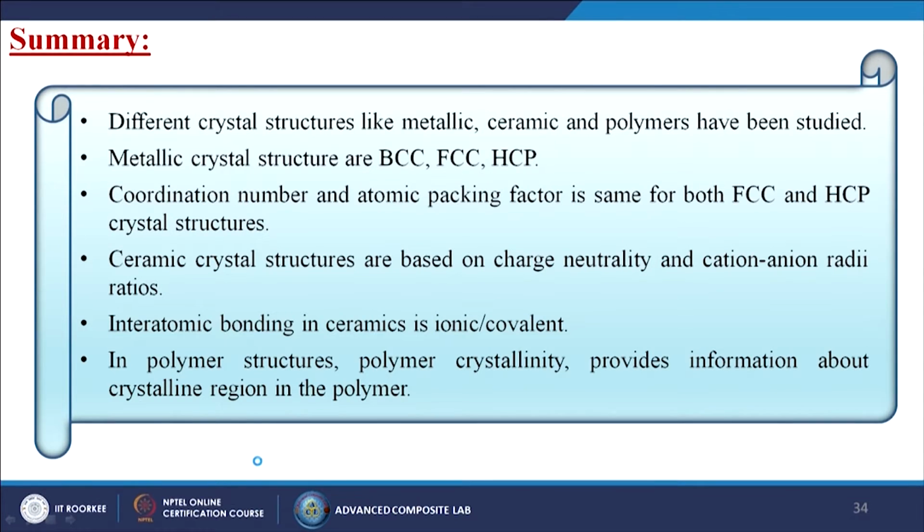Ceramic crystal structures are based on charge neutrality and cation-anion radius ratios, which we have already discussed. We discussed that interatomic bonding in ceramics is ionic, covalent, or both. In polymer structures, polymer crystallinity provides information about the crystalline region in the polymer itself.